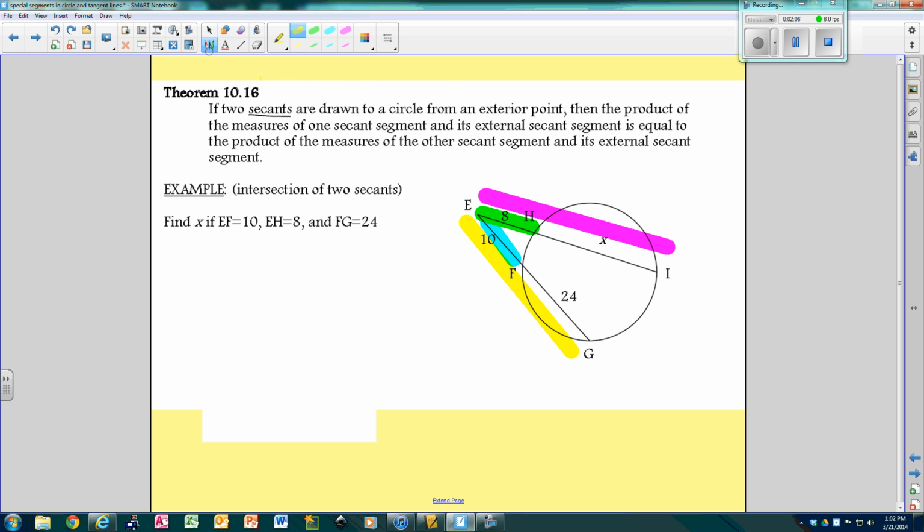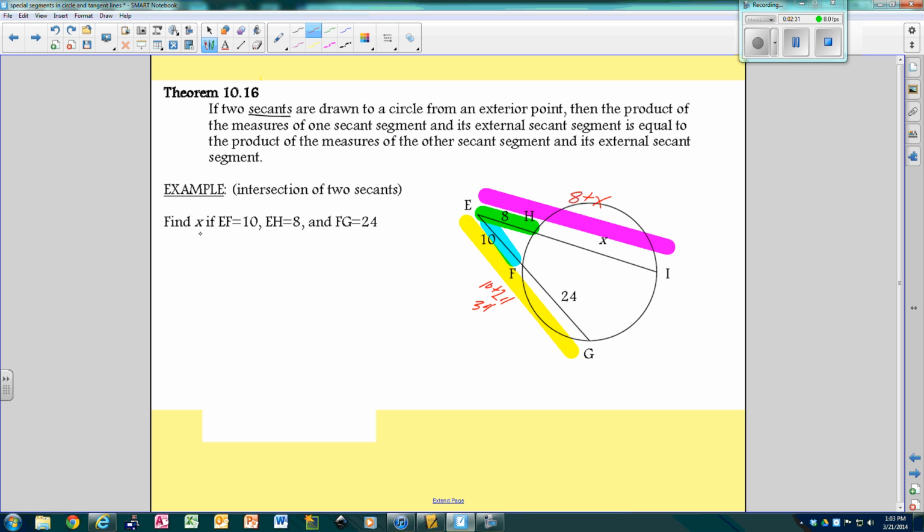So what we're going to do is we're going to find what those pieces actually are. So for example, this whole piece here would be 8 plus x. So this whole thing is 8 plus x. This whole thing would be 10 plus 24. So 10 plus 24 is really 34.